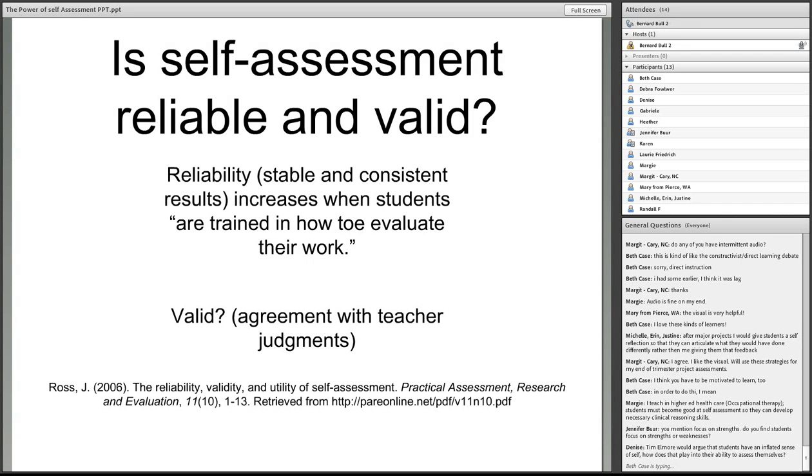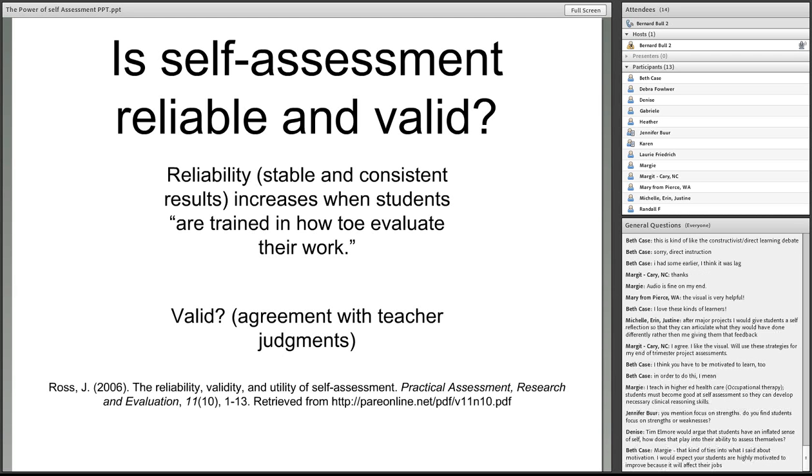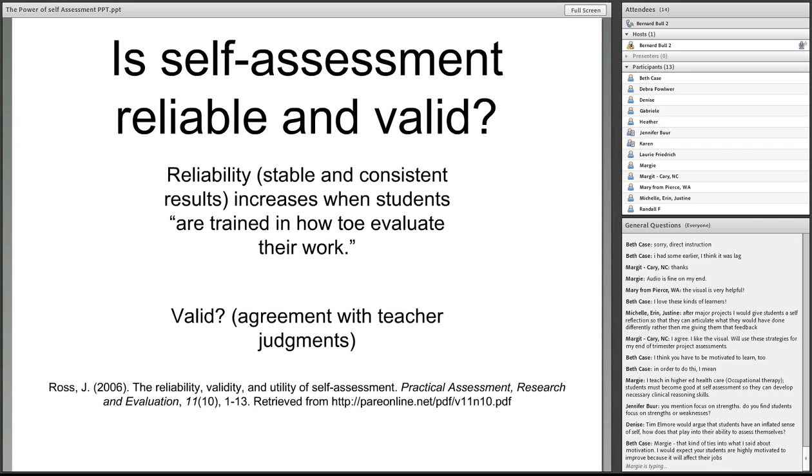And validity didn't seem to be too much of a problem in many circumstances either. However, as you might expect, if learners didn't have the ability to self-assess, then their self-assessments were not very valid. That should go without being said.